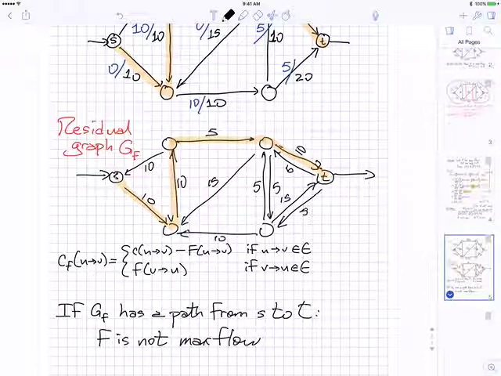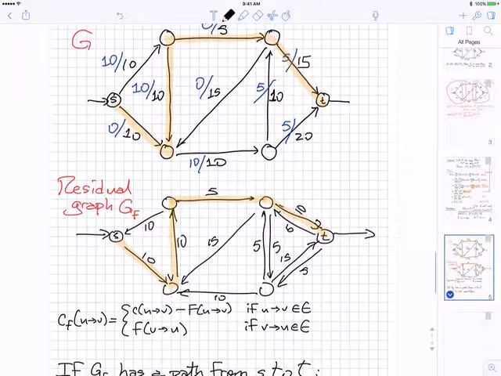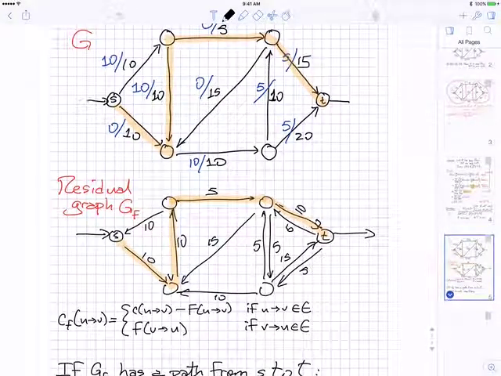Okay? Now, this is a question that you can now answer algorithmically using tools that you learned in 473. Given the vertices and edges of the graph, given the flow values and the capacity values, you can construct the residual graph in time proportional to the number of vertices plus the number of edges. You just do it.